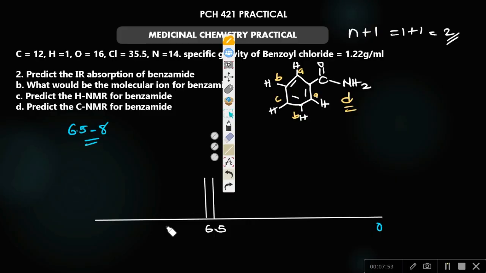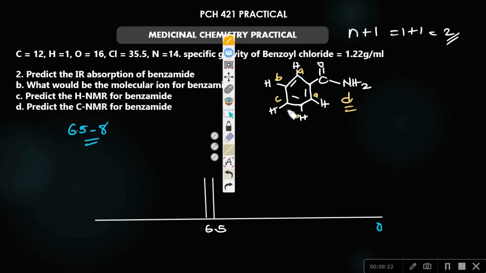Now the next one is proton B. Now for proton B, you can say that these two protons are the same. I've explained before. And for each of the protons, you agree with me that they are surrounded with this hydrogen here and this C here. This hydrogen and this one and this. Is that okay? Each of them, proton B, is surrounded with this one and this. So proton B is having two protons, right?